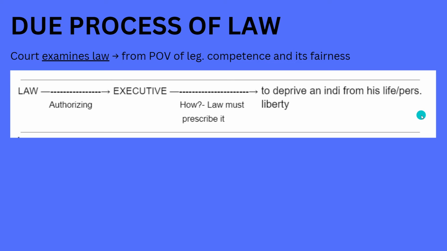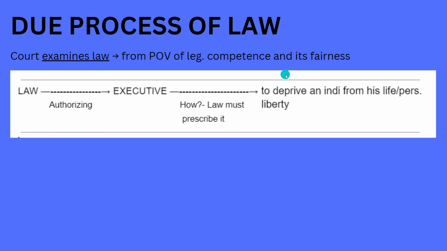Second is the due process of law. In this doctrine, the court examines the law from the point of view of legislative competence. This is also in the previous one, but along with it, now there is fairness. So the court will examine the law for its fairness also.